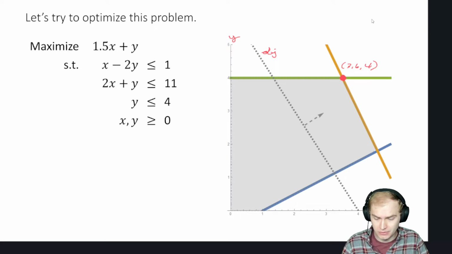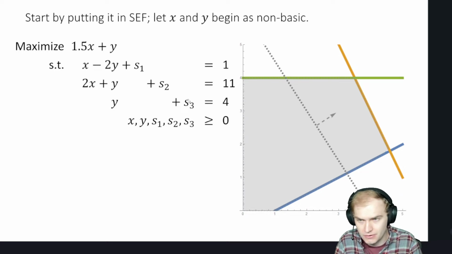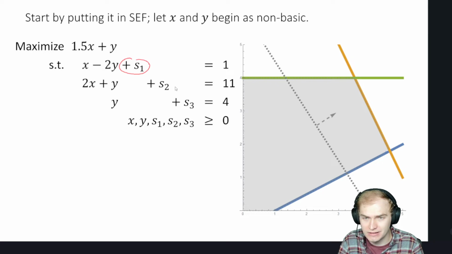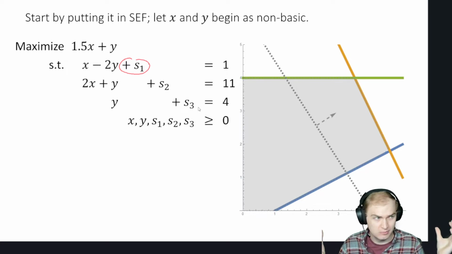So the first thing we're going to do is leverage last lecture and put our LP in standard equality form. So to do this, we add a spare or a slack variable and transform our less than or equal to into an equal sign. And this gives us a system of equations that we can solve for basic solutions, like we've talked about doing.